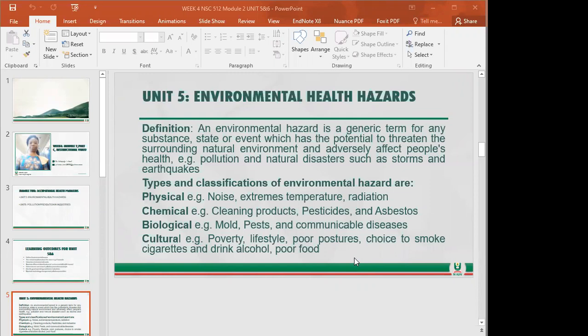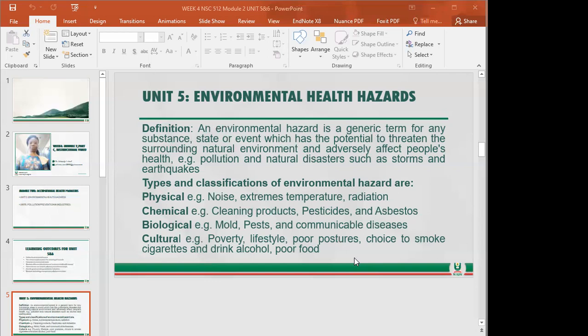You talk of noise pollution, the extreme temperatures, the radiation, while chemical will be cleaning products, the pesticides, the asbestos.